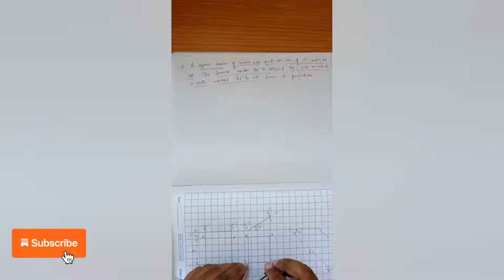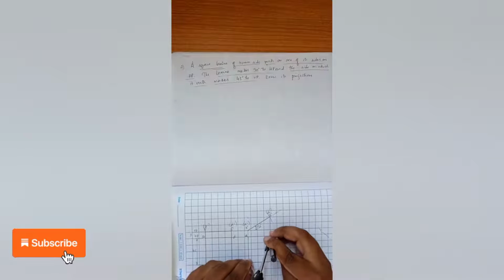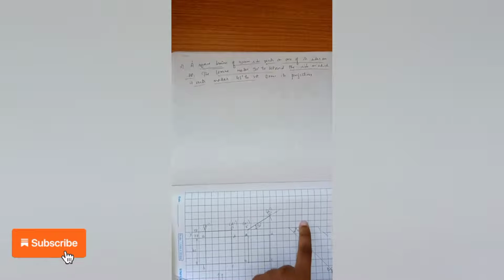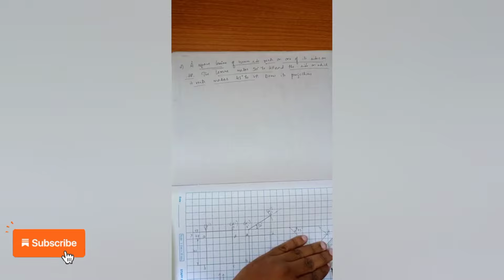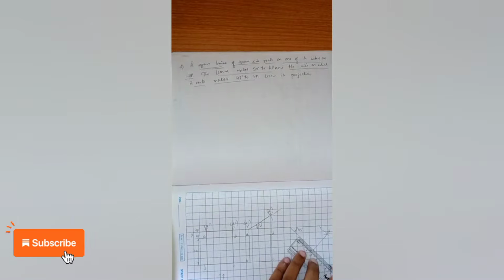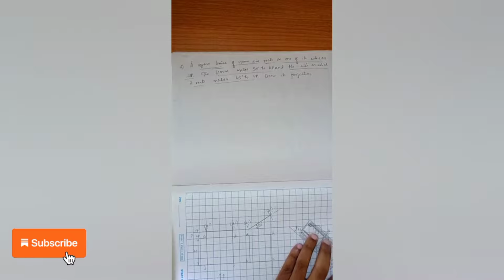Then similarly from B to D it will be equal to A to C, of the same length. So cut the arc and we get all the points now. This is D and this is C. Now we join it with the scale using straight lines. This is the inclined third position.